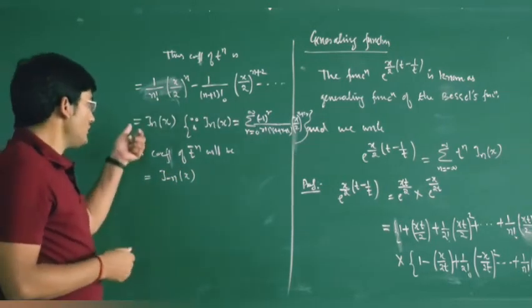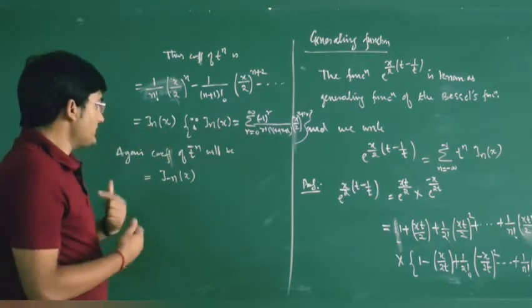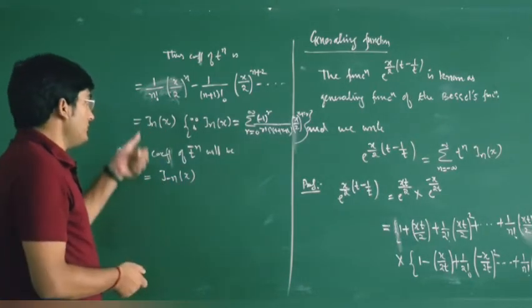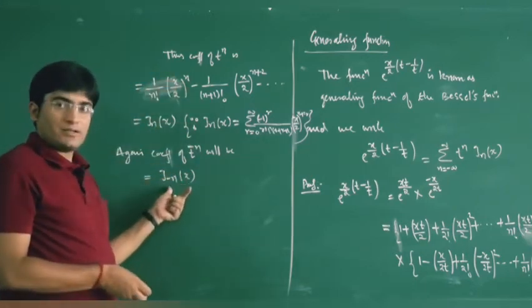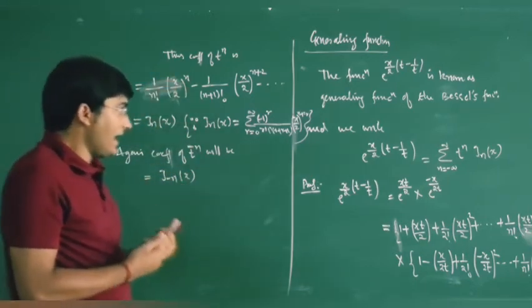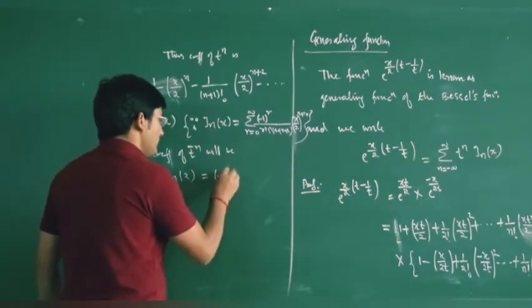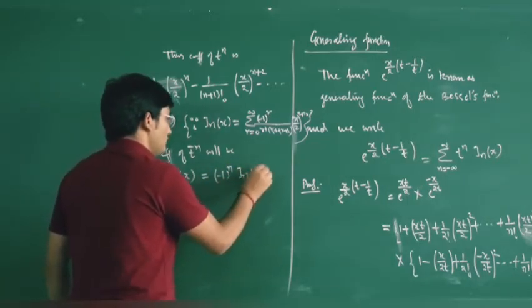Your coefficient of t to the power minus n will be equal to J minus n(x), where n is replaced by minus n, and your J minus n(x) is nothing but minus 1 to the power n Jn(x). We will prove this one.